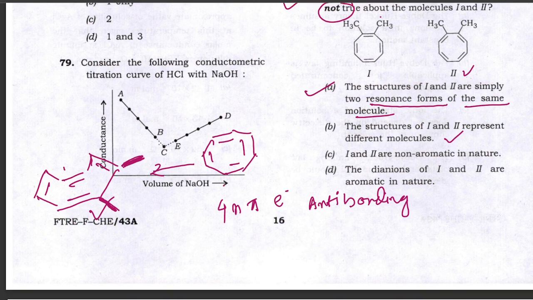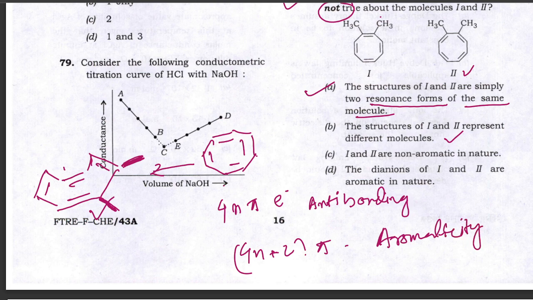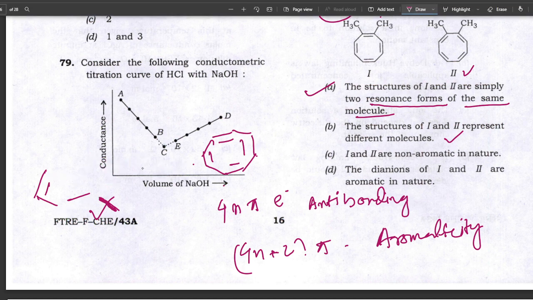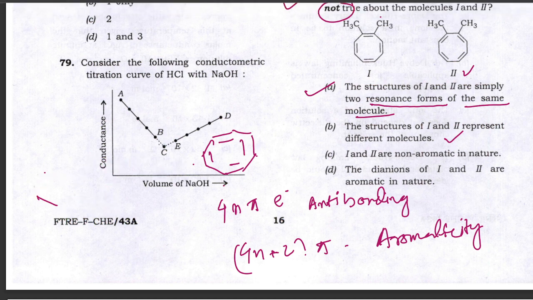A 4n pi electron structure is anti-bonding, and a 4n plus 2 pi electronic structure gives bonding and aromaticity, as per Huckel's rule. This cyclooctatetraene can be reduced by electrons, that is, by sodium in liquid ammonia.